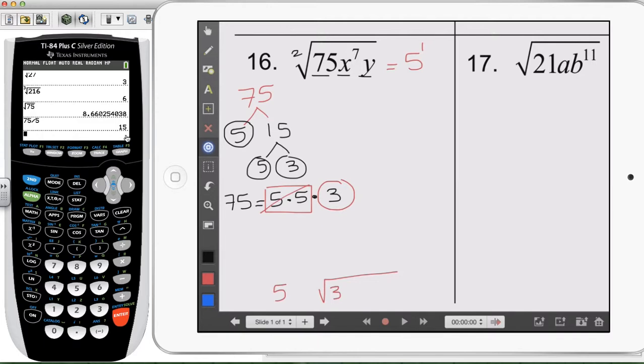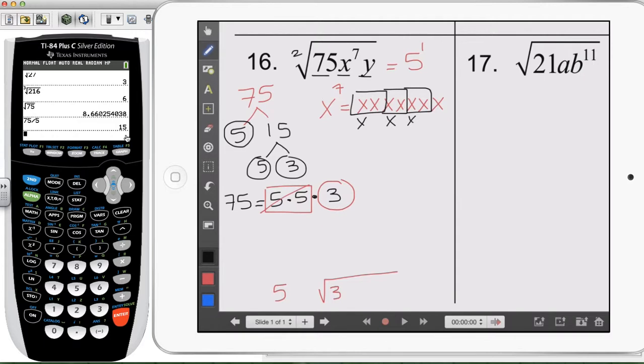So now let's think of x to the 7th. X to the 7th means I'm going to have 7 x's. Since the index is 2, any groups of 2 will be leaving the radical. So I have one group, a second group, and a third group. So 3 x's will be leaving the radical.